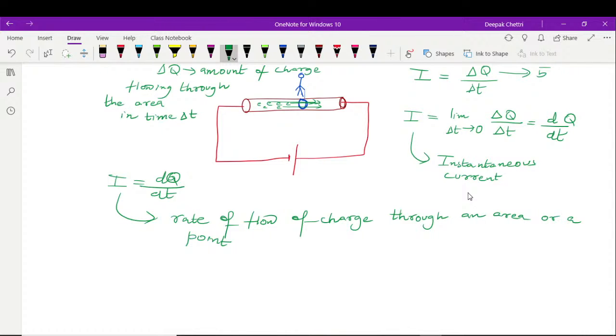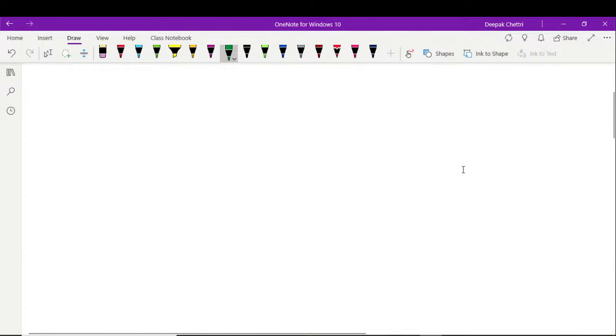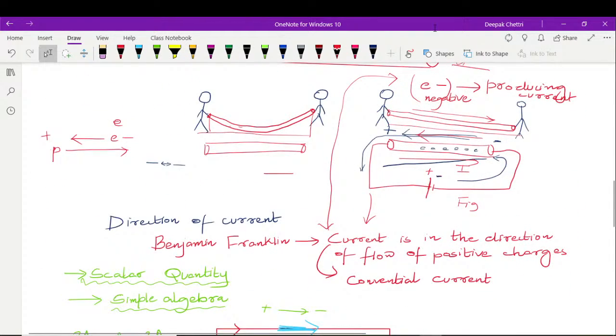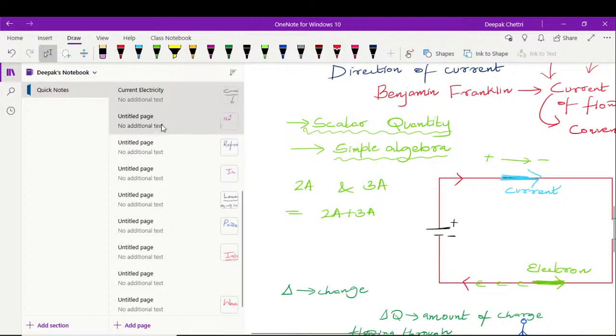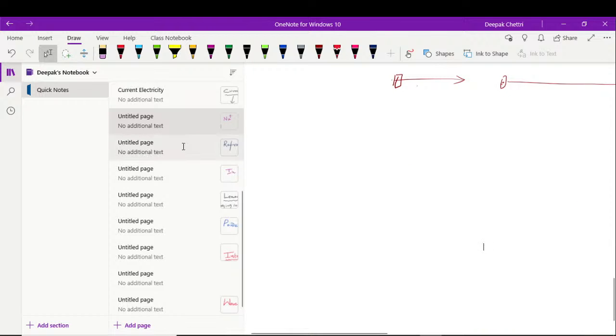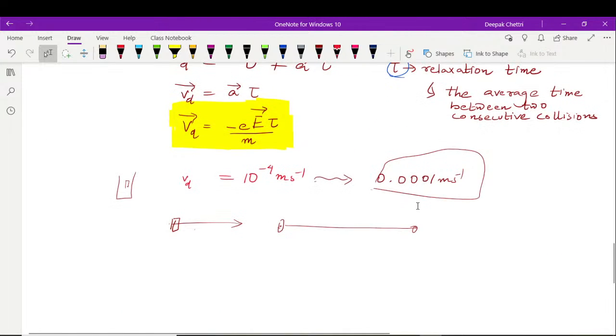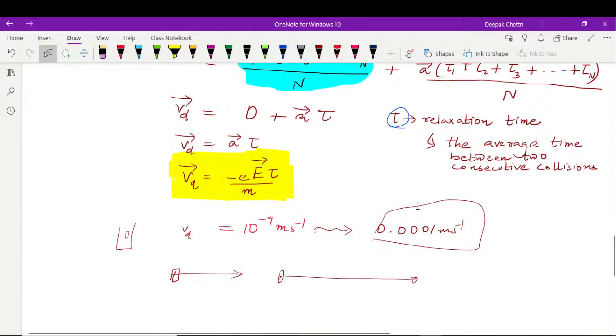Is it clear what is current? What we did today, is it clear, or any doubts? Any doubts, please ask. Yes, any doubts?